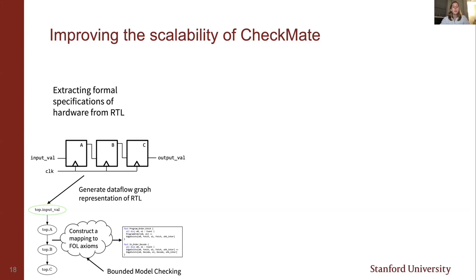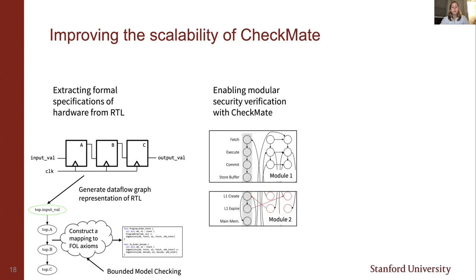First, CheckMate currently relies on designer-provided formal specifications of hardware. We are now working on developing techniques for extracting these formal specifications directly from RTL with the help of intermediate data flow graph representations and bounded model checking. Next, CheckMate requires the input hardware design to be provided as a monolithic processor description rather than as a collection of hardware modules.